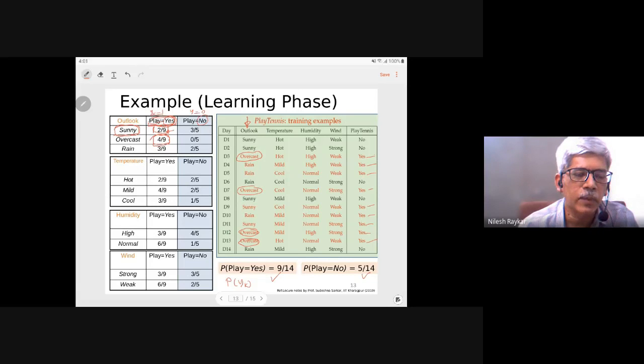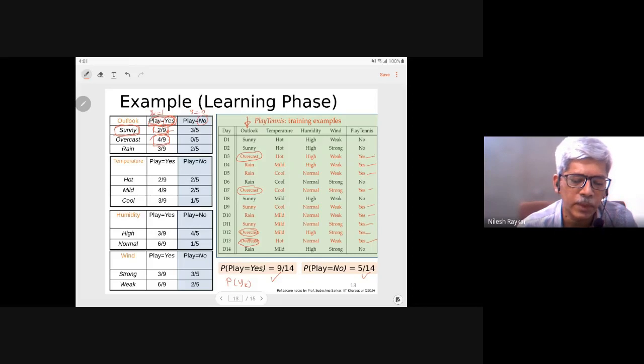Similar calculation means for every feature and its subtype, you will have to do this calculation, and you can verify that offline. You have to do these calculations for each of the terms, and calculate the conditional probability with playing tennis yes and with playing tennis no. For each case, you have to do so many calculations.